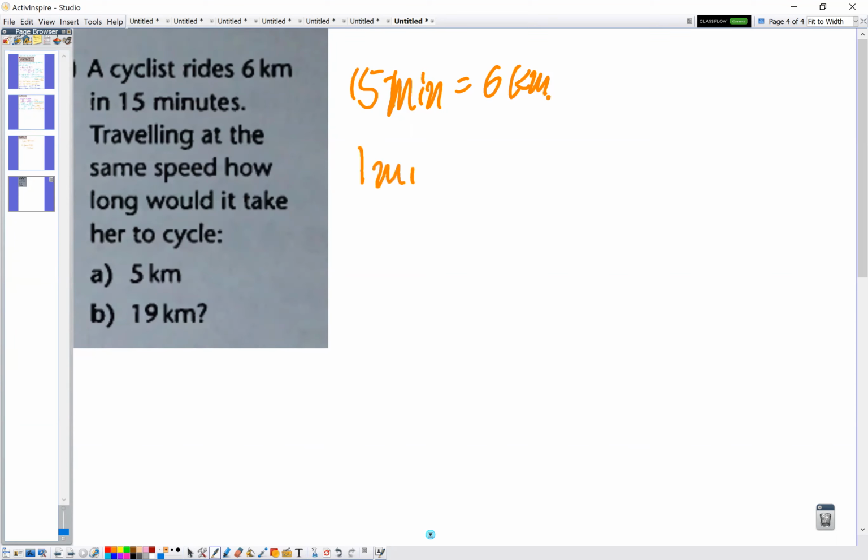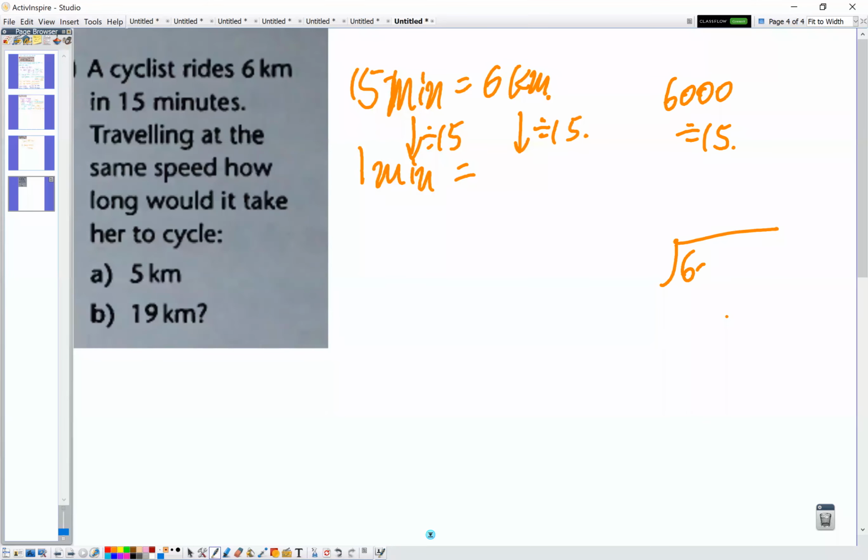So 1 minute is how much in kilometers? So for 1 minute we divide by 15. Divide by 15 and divide by 15. So what else can we get for this one? 6,000 divided by 15.